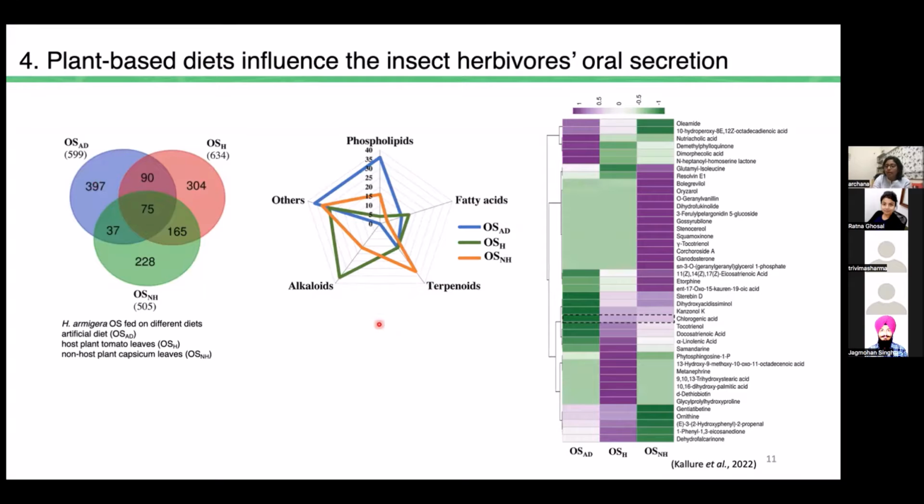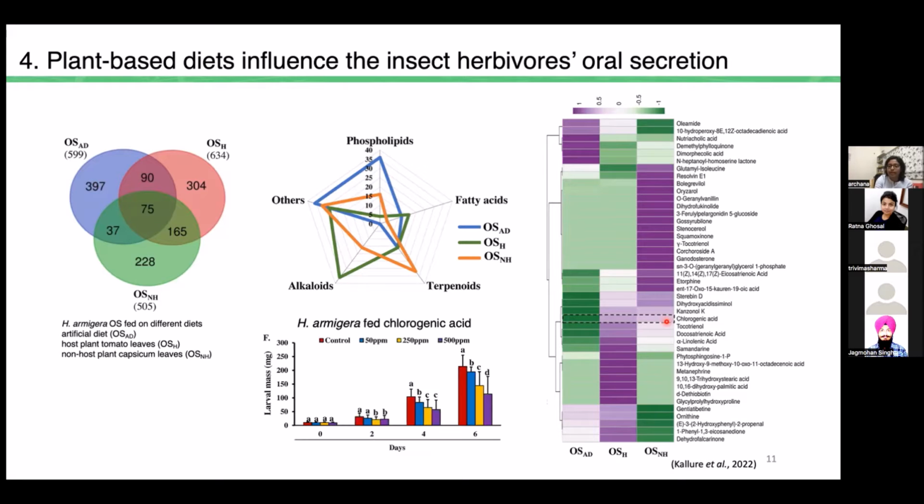And recently we have published this work, and we found that a few of these metabolites, like here you see chlorogenic acid, are accumulating more in the non-host plant. And when we fed this chlorogenic acid to the insects through the artificial diet, we found that there is a dose dependent growth inhibition.